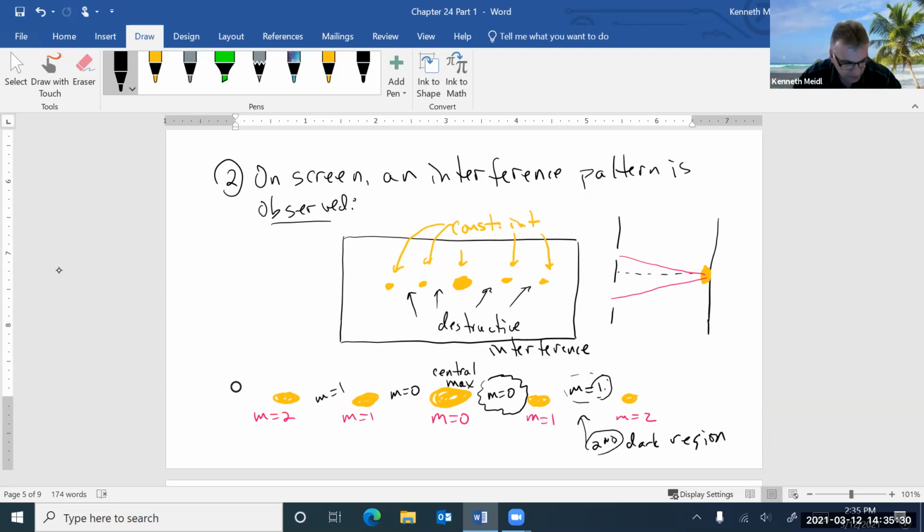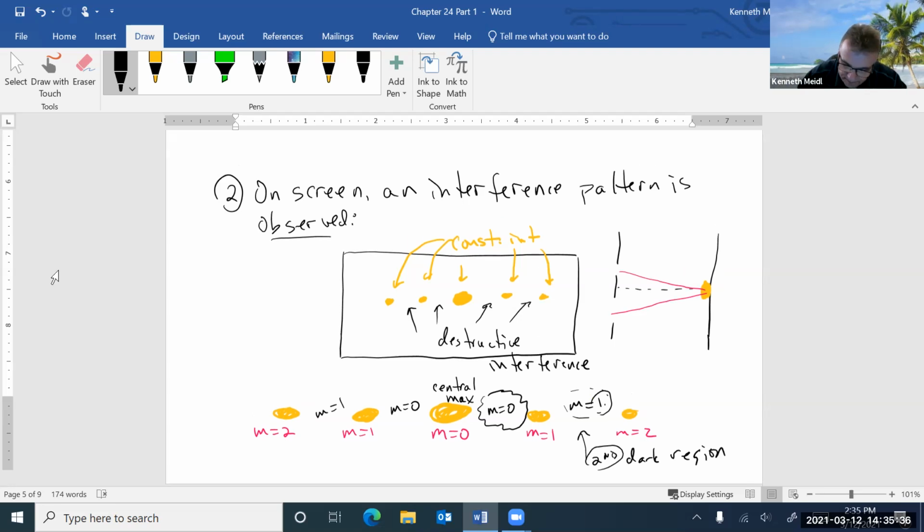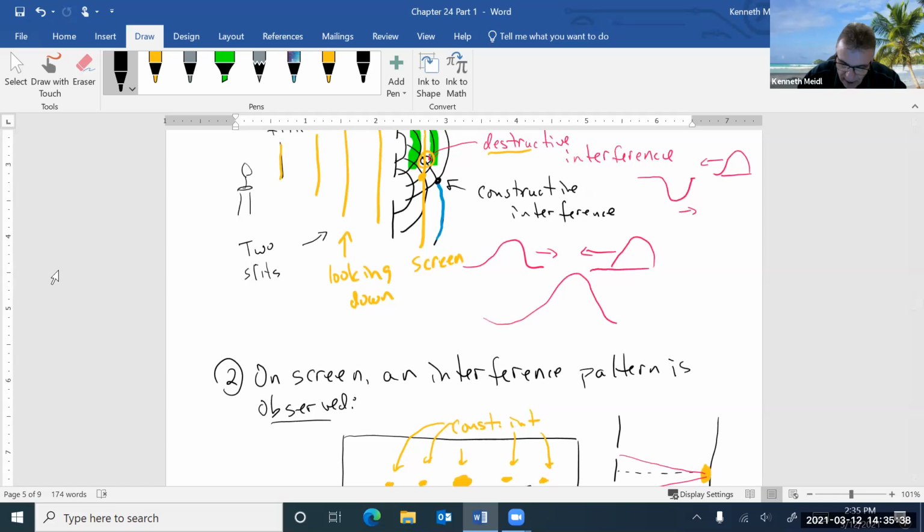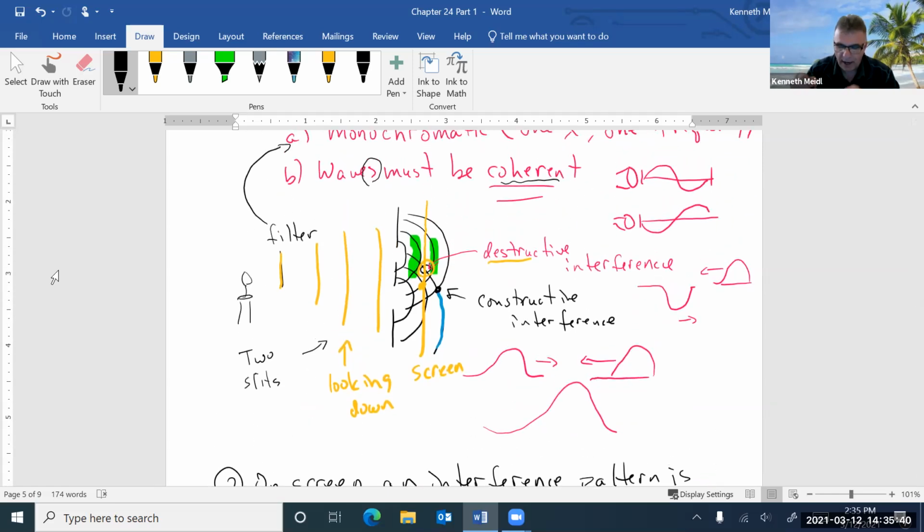Okay, so what is taking place here? Well, it's a mess if you think about waves by this pattern that I've got drawn up here. That is, we're looking down on waves and you've got all these ripples going across the water, or however you're thinking about these waves here.